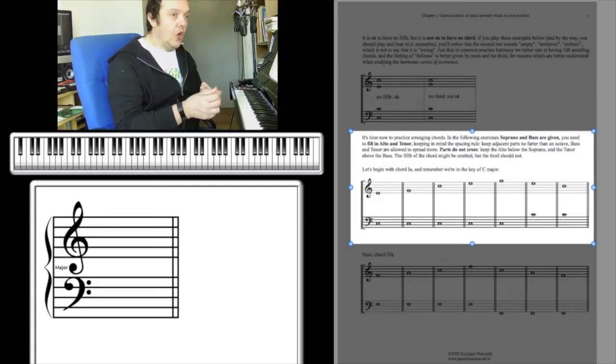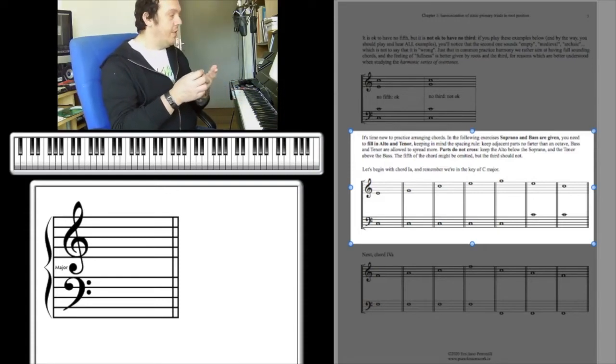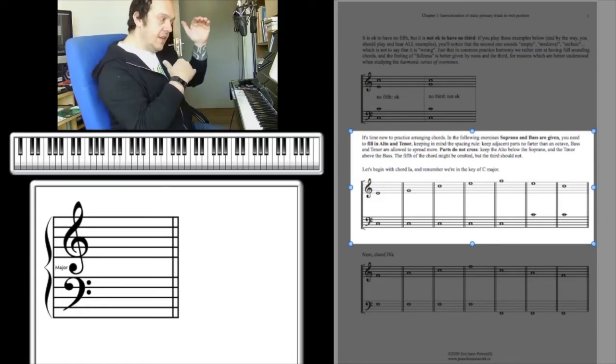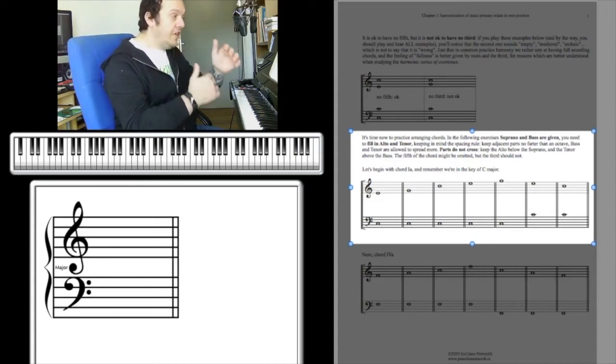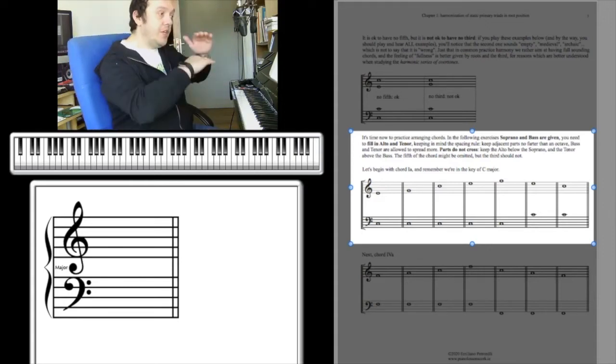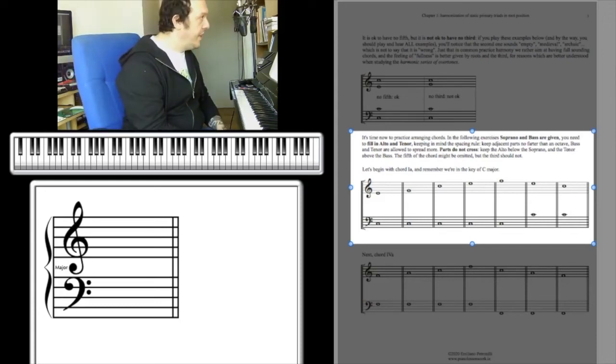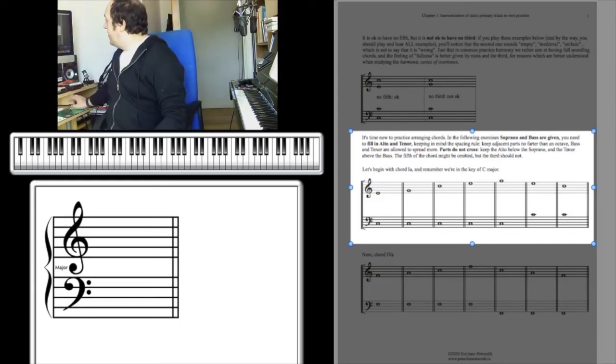We need the third. We can get rid of the fifth. And these chord notes need to be within an octave of each other, except the tenor and bass, which could spread further. So take the first one there. Take this one.